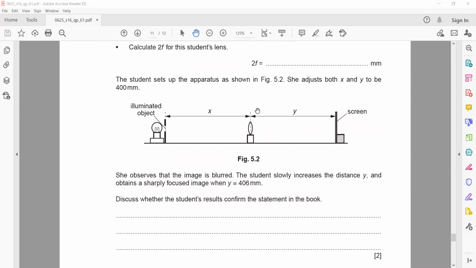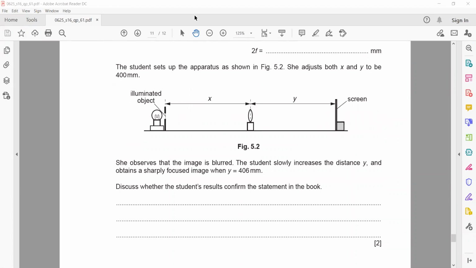Now, a student sets up the apparatus and she adjusted both x and y to be 400. So x should be 400, y should be 400. She observed that the image is blur. Then she slowly increased the distance y and observed y is equal to 406 millimeter.